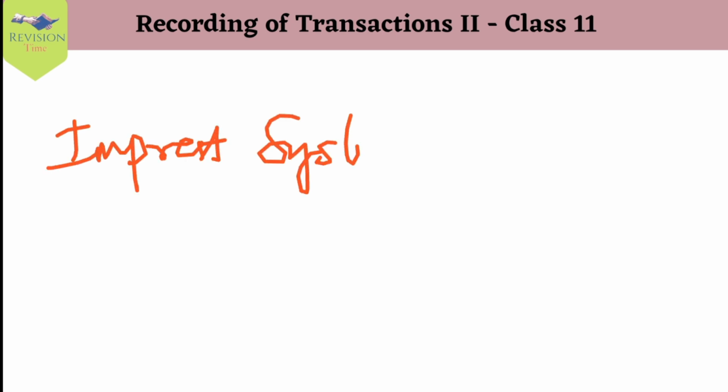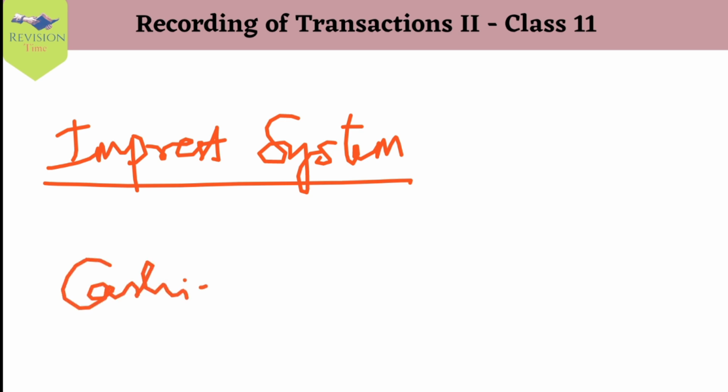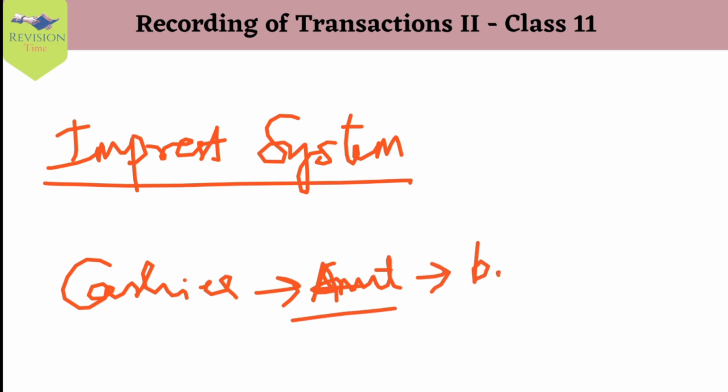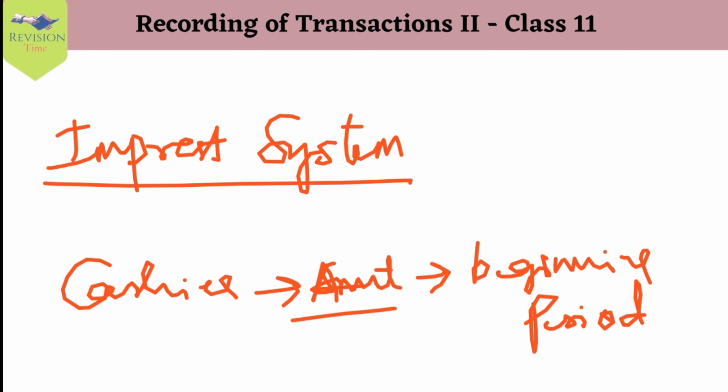In petty cash book we follow the Imprest system. Now what is this Imprest system? Under this system, an accountant or a cashier is given a fixed sum of amount at the beginning of the period, and he has to incur all the expenses from that amount itself.